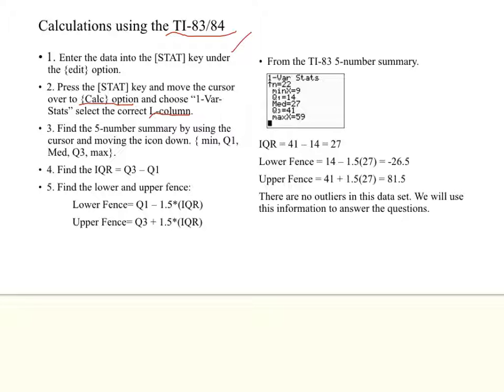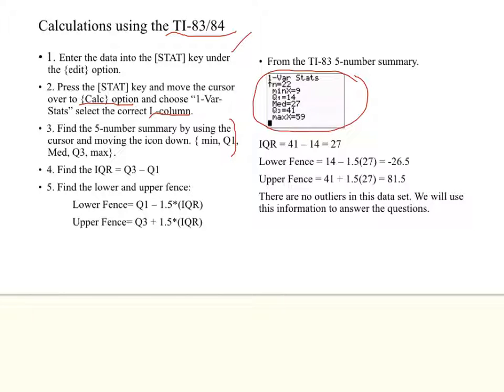In this case, we may use L1. Find the 5 number summary is the next case. So once you put in one variable stats, hit L1 and hit enter. Now you can find the 5 number summary by using the cursor and moving the icon down until you see this screen.